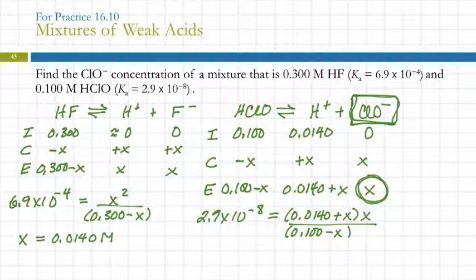So 2.9 times 10 to the minus 8 equals 0.014 plus X times X divided by 0.1 minus X. That's pretty small. 1, 2, 3, 4, 5, 6, 7.